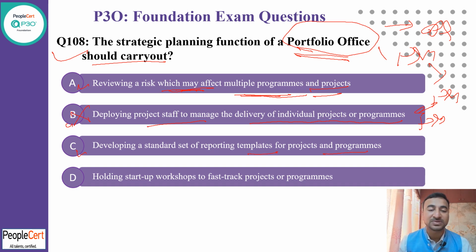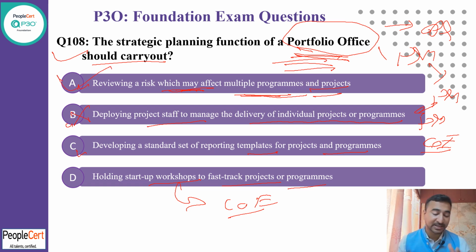That is not the responsibility of your portfolio office, that is the responsibility of COE. So that's not the correct answer. Option D says holding startup workshops to fast track programs and projects. That again is the responsibility of your COE, not of the portfolio office. So I believe A is the most correct answer in the given scenario.